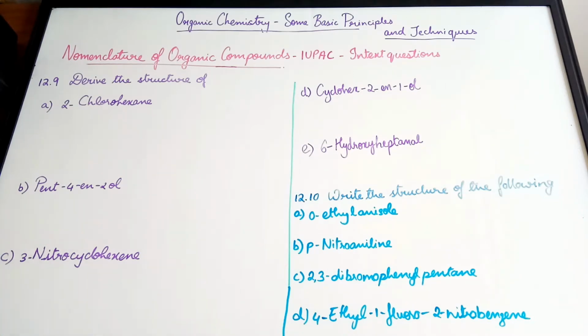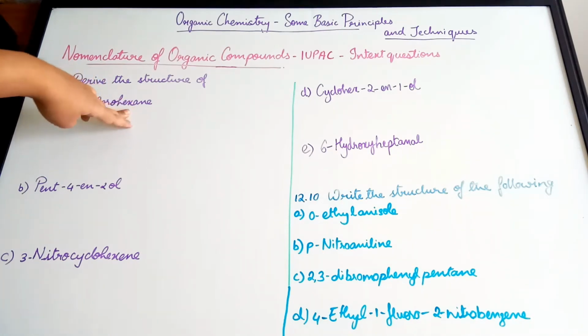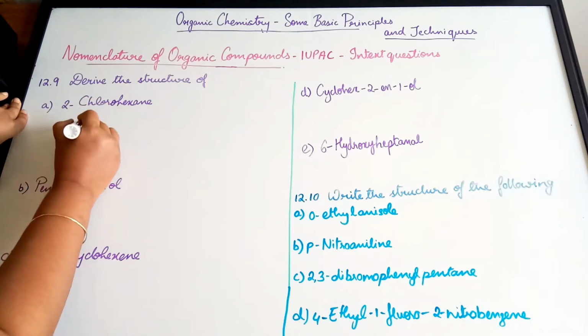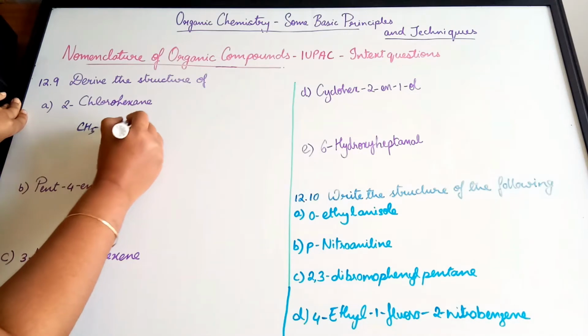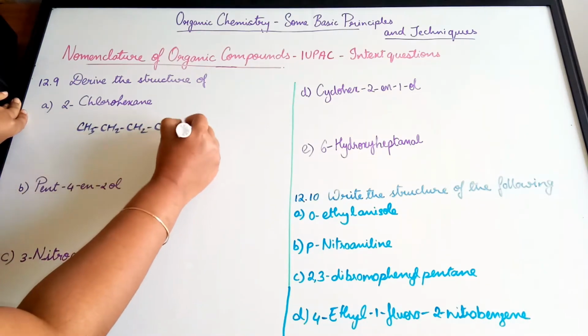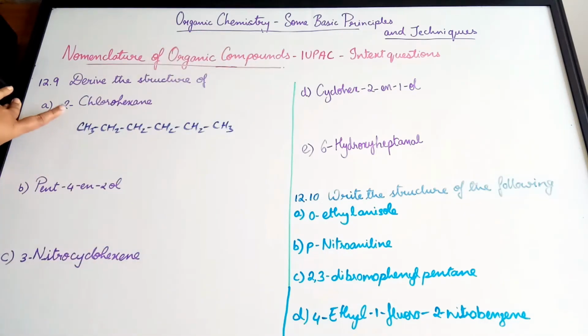So the first one is 2-chlorohexane. First of all, hexane. Hexane consists of 6 carbon atoms. So first let's write down 6 carbon atoms. CH3, 1, 2, 3, 4, 5, and 6. Now, 2-chloro means that at the second position, we have a chlorine group.